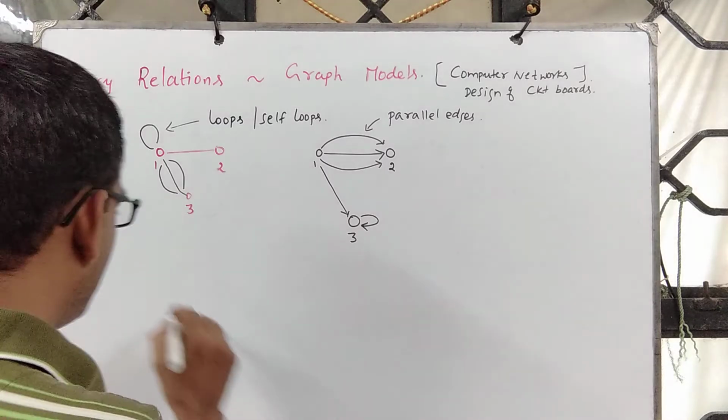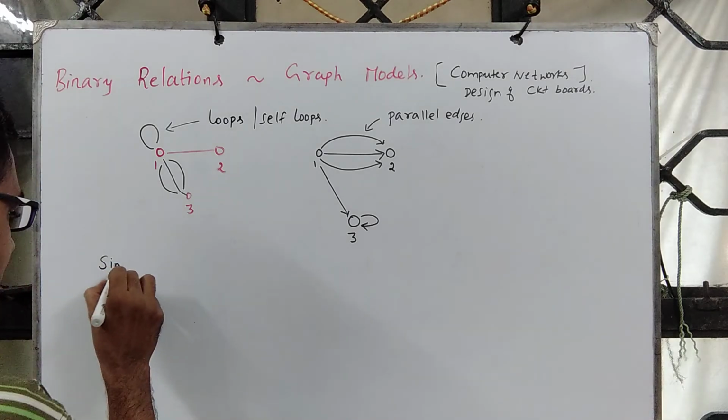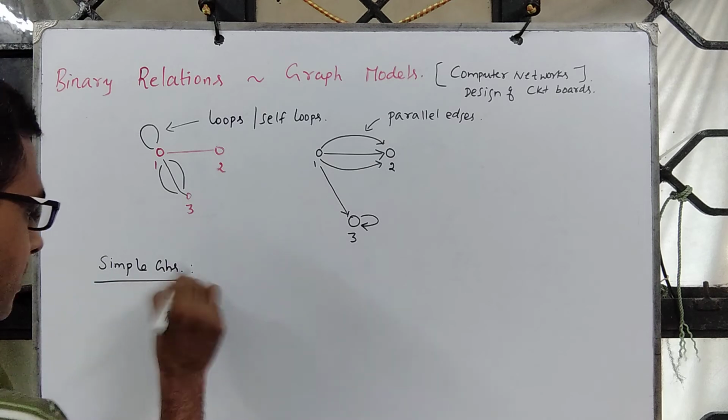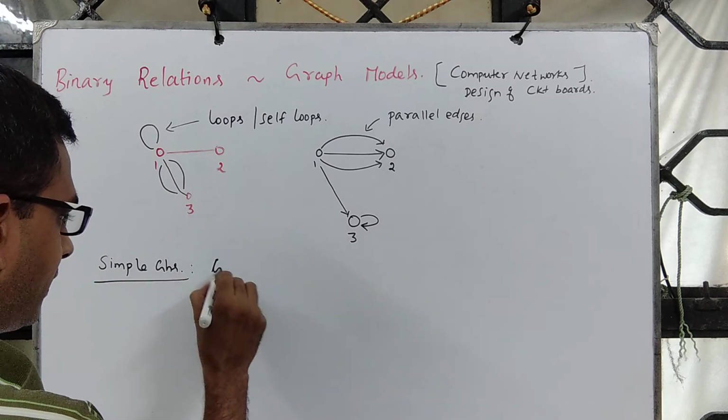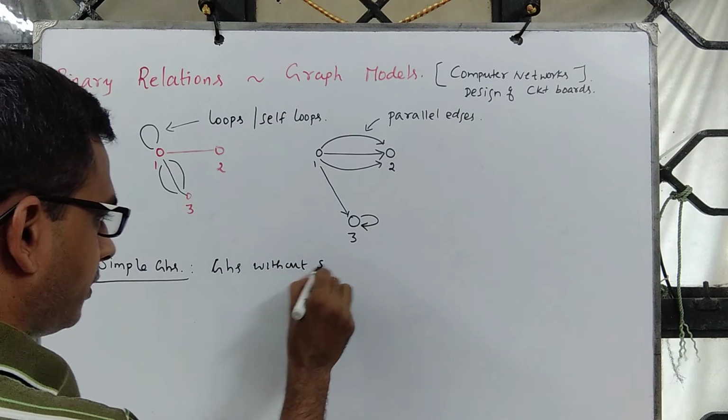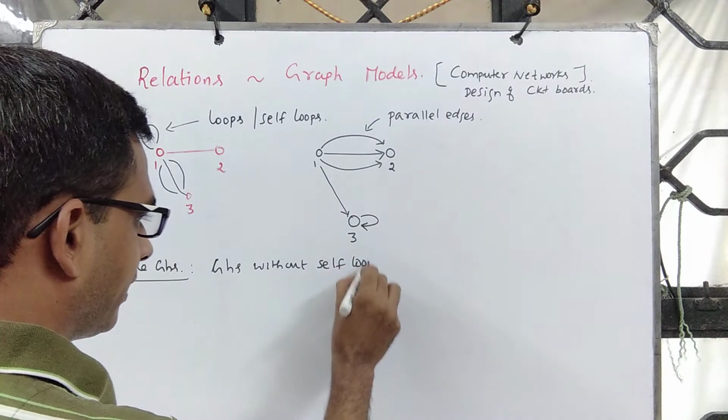So when we talk about simple graphs, there is a terminology called simple graphs. It is a graph without self loops and parallel edges.